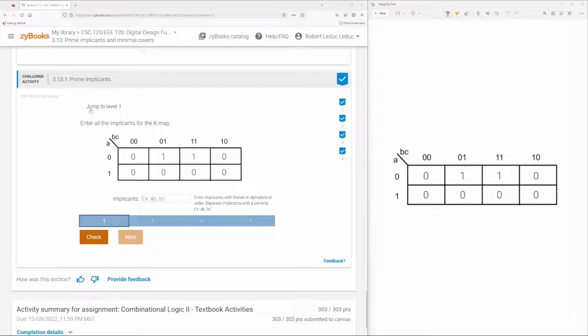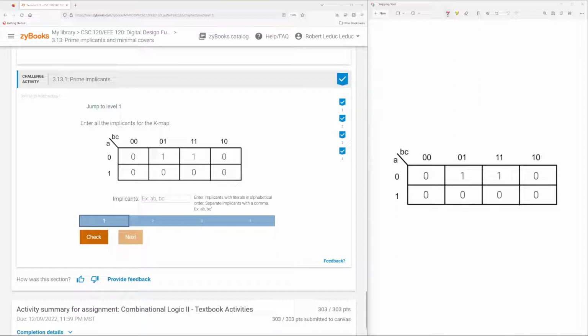So we'll go ahead and get started, and question number 1 here tells us to enter all of the implicants for the given K-map. I just want to point out over on the right, I've taken a snip so that we can illustrate how we're working through the problem while we do each one.